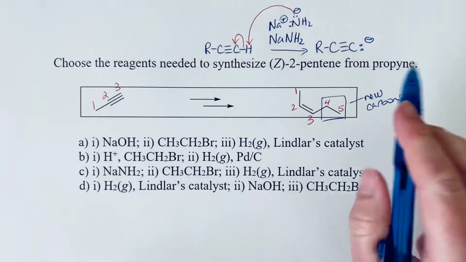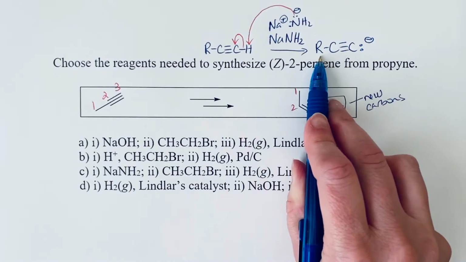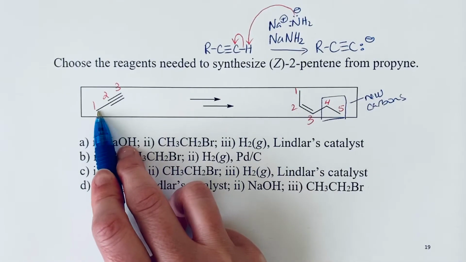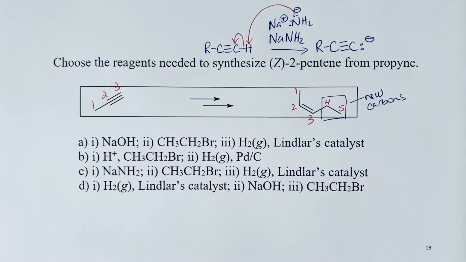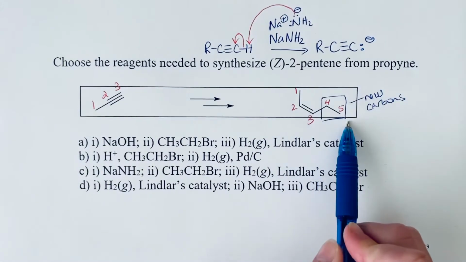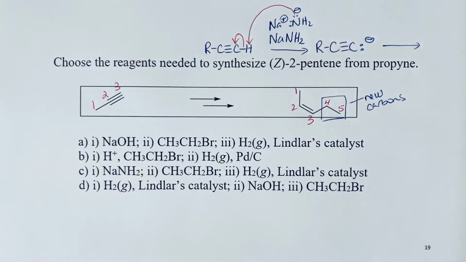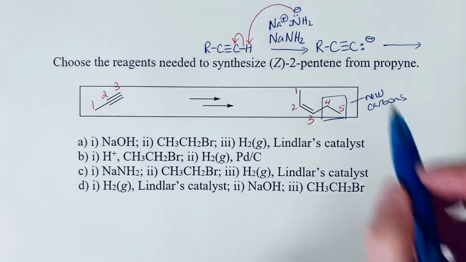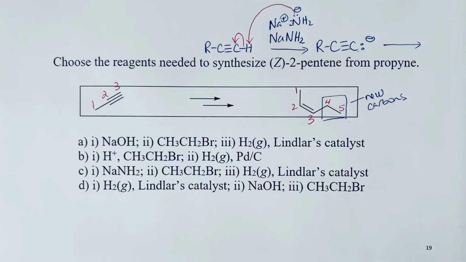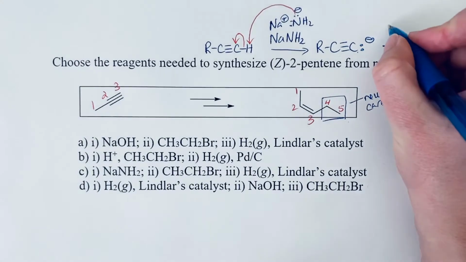So in the case of this reaction, R is the remainder of the chain, so that's that 1 methyl group here. And so then you'd want to add on the correct number of carbon atoms. So we need 2 carbon atoms, and we need the carbon to be electrophilic to react with this nucleophilic carbon. So we're going to attach it to something electronegative that is also a good leaving group, like a bromine.